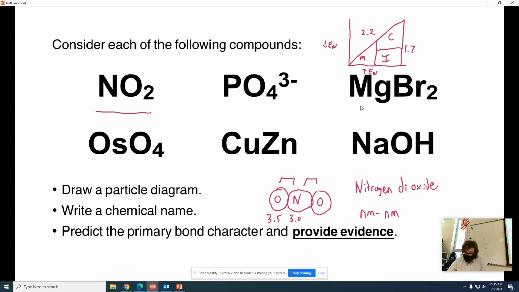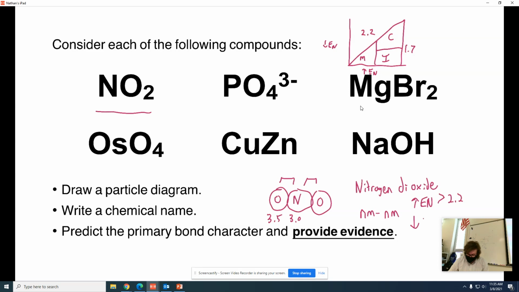So if we wanted to add some extra evidence, which we do, we could say that our more electronegative atom is above 2.2. Sorry, I can clean that up a little. It's not my best greater than sign. More electronegative atom is greater than 2.2.